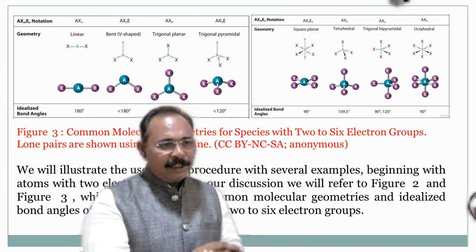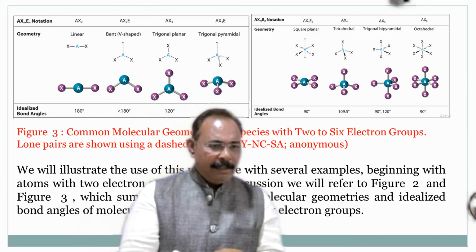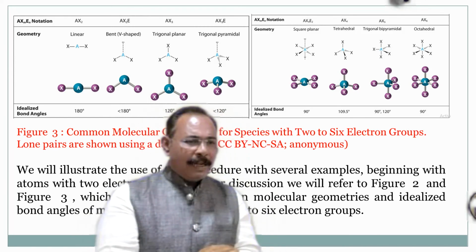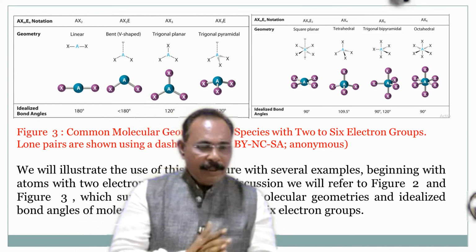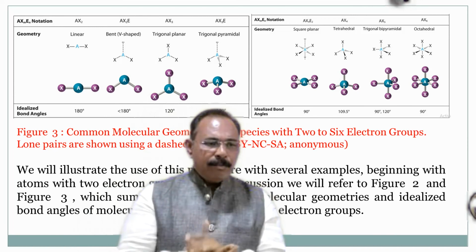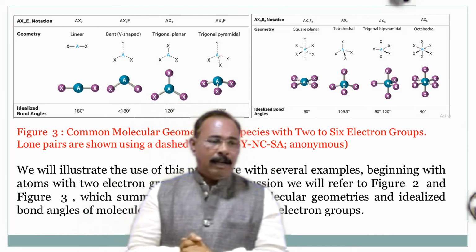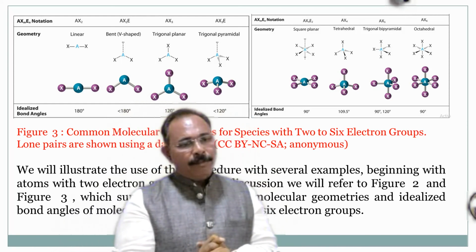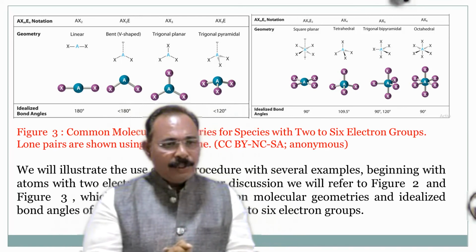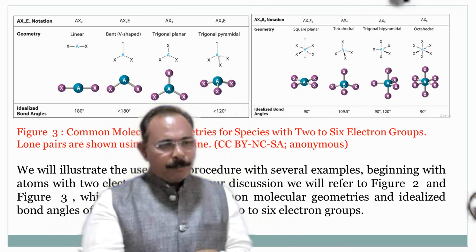In our discussion, we will refer to figures 1, 2, and 3, which summarize the common molecular geometries and idealized bond angles of molecules and ions with 2 to 6 electron groups.